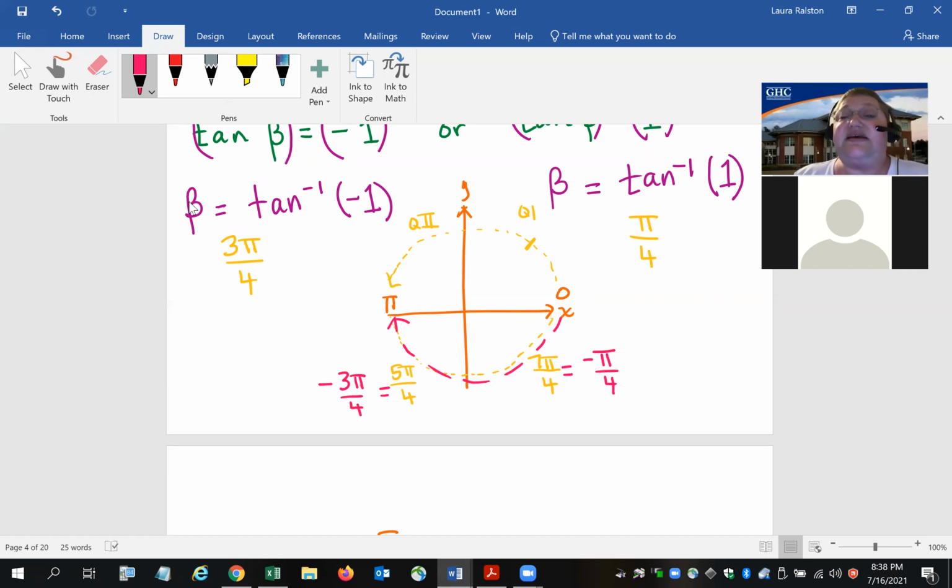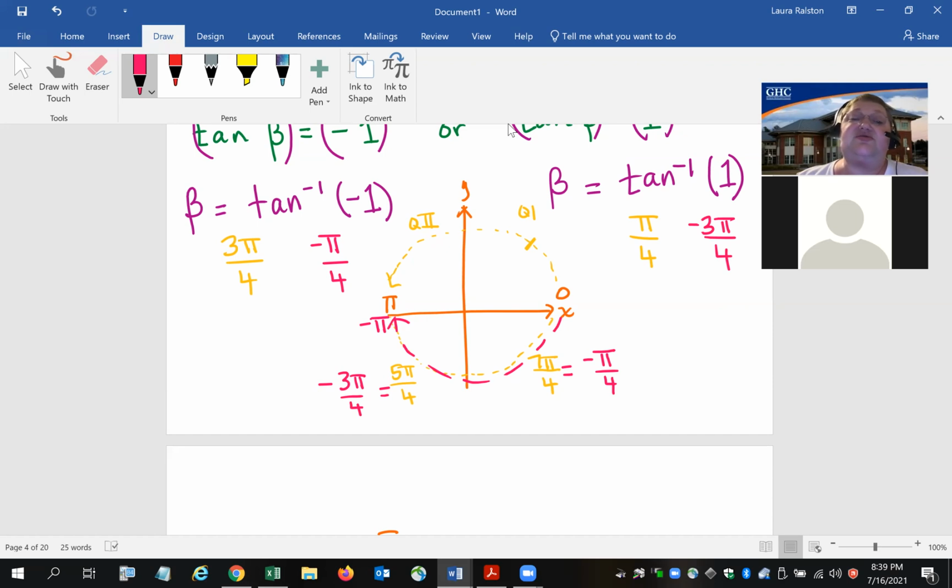So I'm positive in quadrant 3, so that would be negative 3 pi fourths, and I am negative in the fourth quadrant, which is negative pi fourths. So you end up with 4 answers, but the 4 answers have to be between negative pi and positive pi. That's the easiest way to look at it. You rotate positively around to pi, and then you rotate negatively around to negative pi. It's all in the rotation.